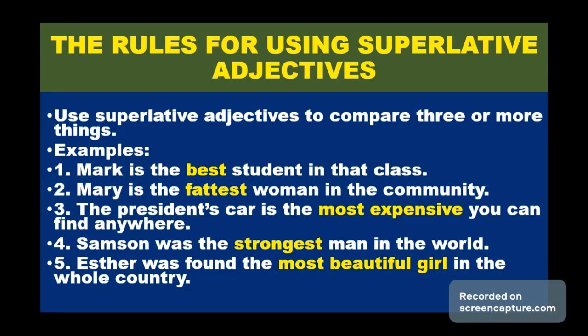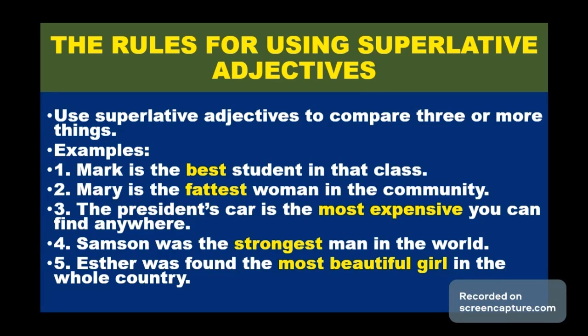Okay, so here, the rules for using superlative adjectives. When comparing 3 or more things, you will likely use words and phrases like tallest, biggest, smallest, most interesting, least excited, and all that.